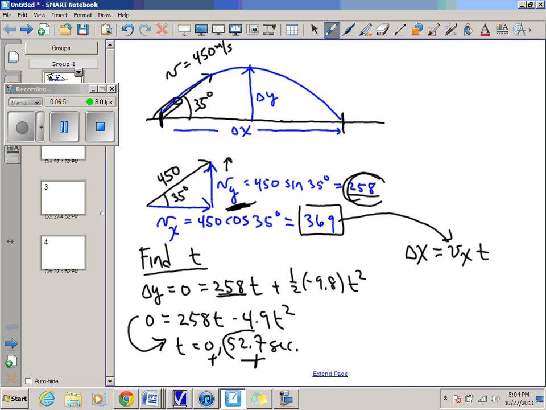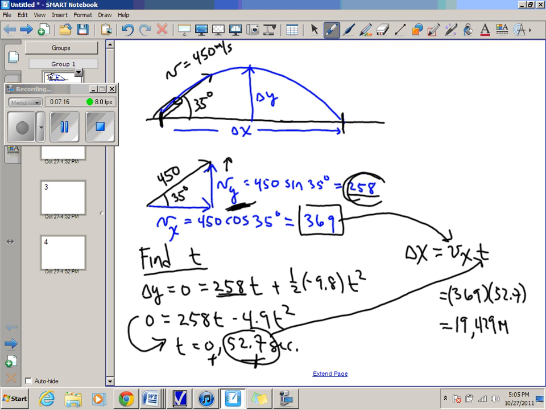And t is 52.7. So it's a simple calculation now. Calculate that out and you get this really large distance, which is 19,000 meters, or 19,429 meters.